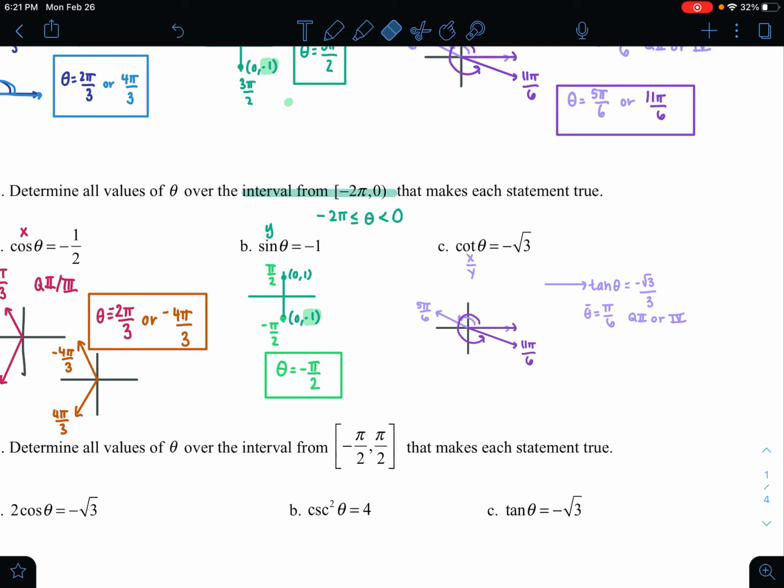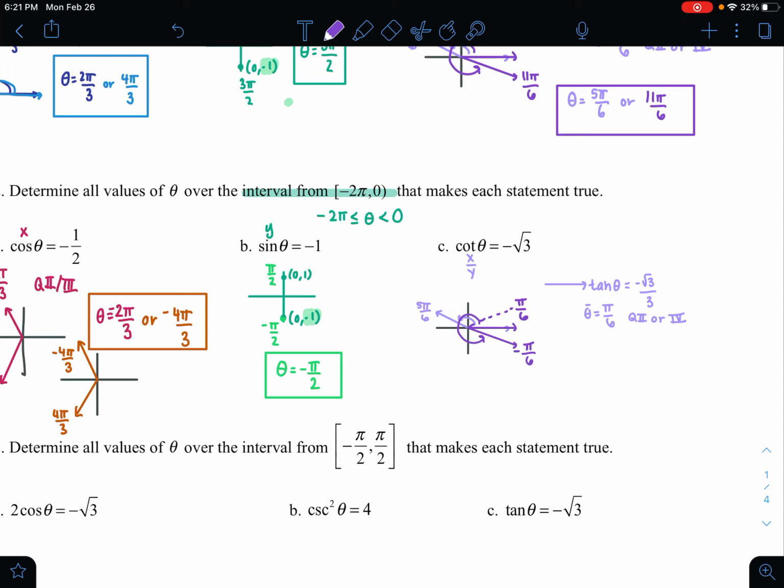So instead of saying that this is 11 pi over 6, we know that if this is pi over 6, if we reflect it over the x-axis, negative pi over 6 would be in the same location. So one of our solutions for theta is negative pi over 6.